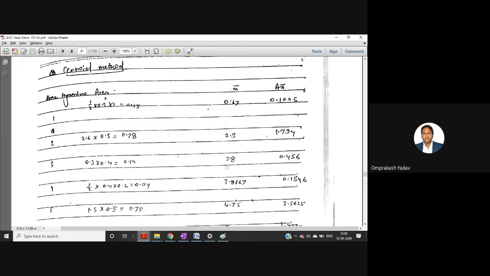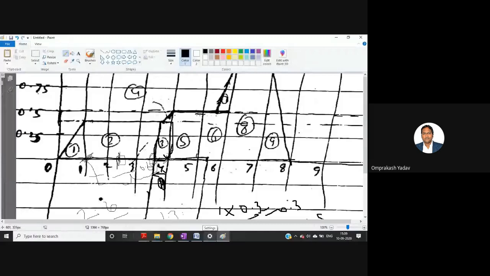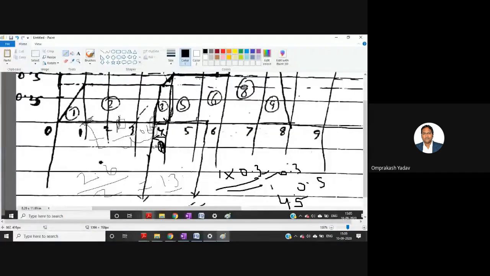So 3.8, let me check the figure again. Okay, it's not 1 unit. It's from 3.6 to 4. This length is not 1 unit, I'm sorry, it is from 3.6 to 4. So how much is it? It is 0.4, because 4 minus 3.6, so this will be only 0.4. So the length is 0.4 and the height is 0.3.